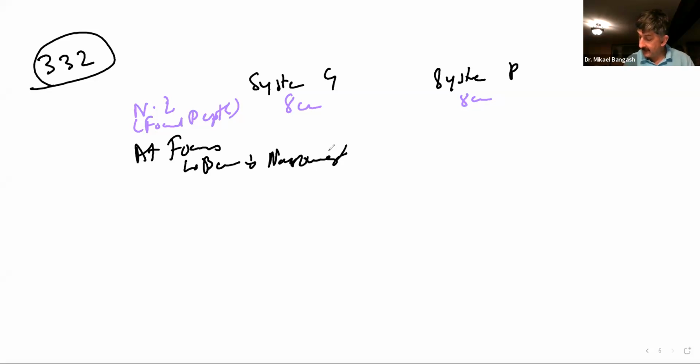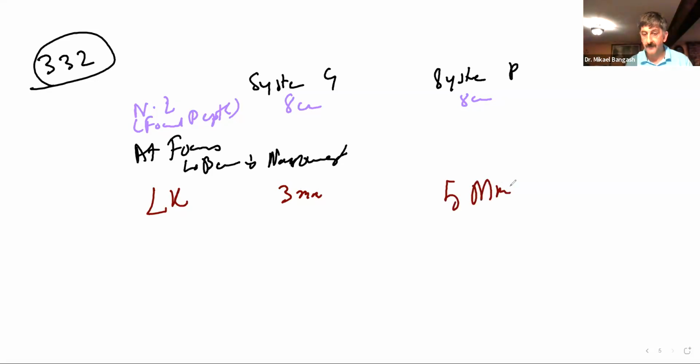But what they mainly say is that the lateral resolution of system G is 3 millimeters, and that of system P is 5 millimeters.